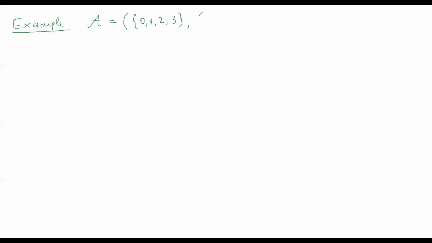And it has an input alphabet made of 2 letters, A and B. And it has a transition function that I'm going to define in a moment. 0 will be your initial state, and 3 is the only final state you have.